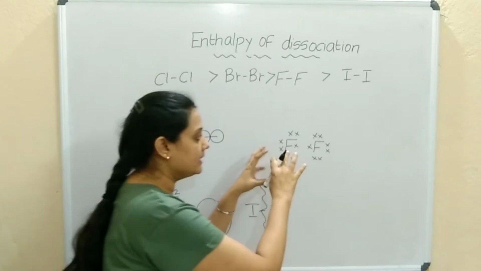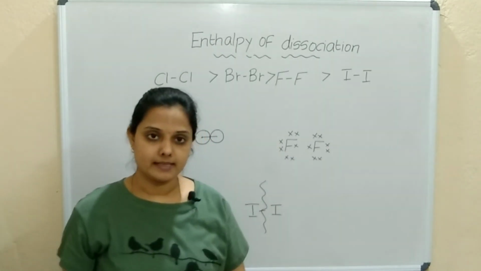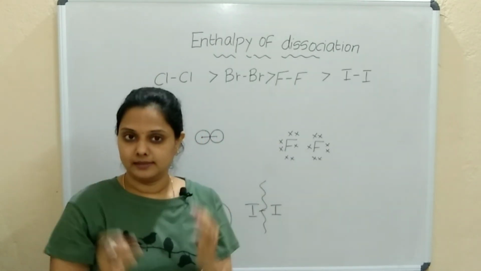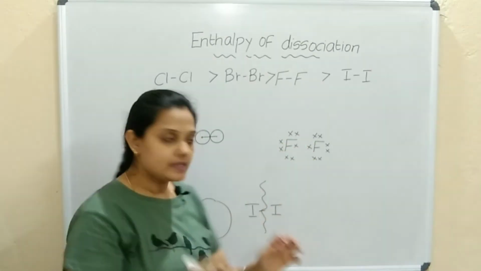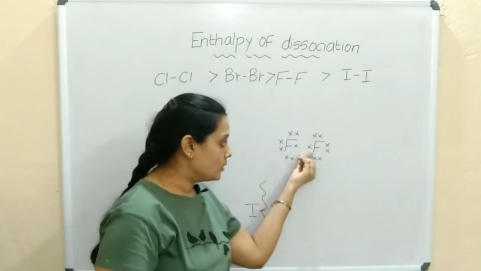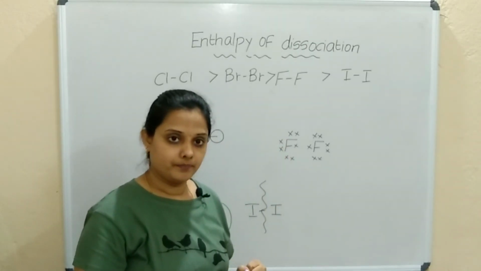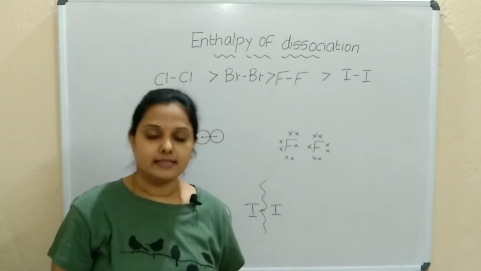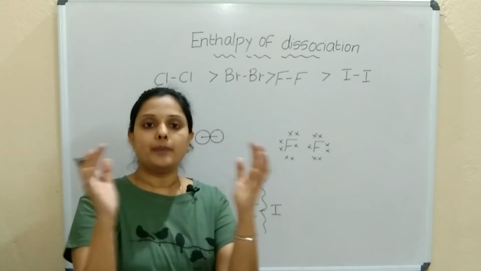What will happen? Repulsion will take place. Both the atoms will be repelling from each other because of the lone pairs. Moreover, the size is small and electron density is more, so they will be repelling.